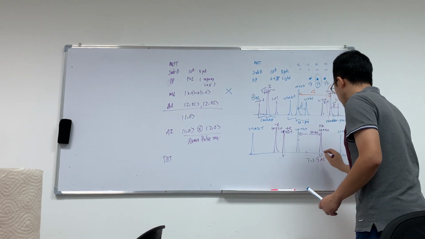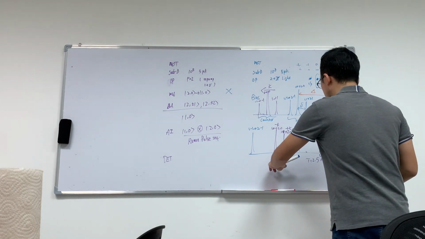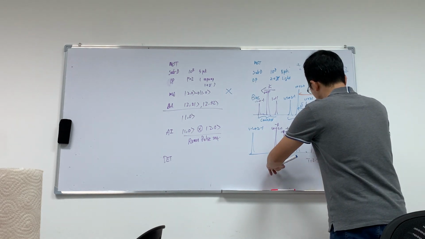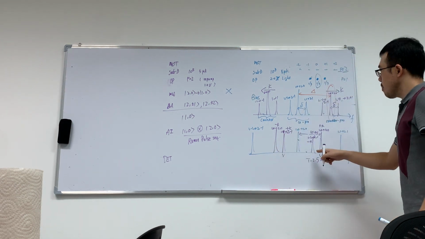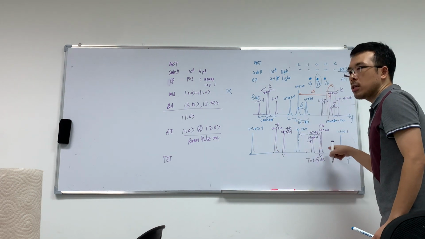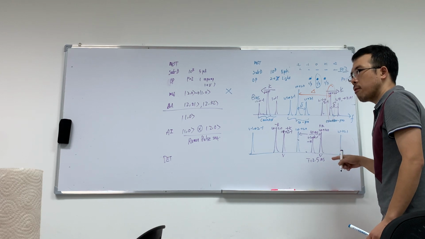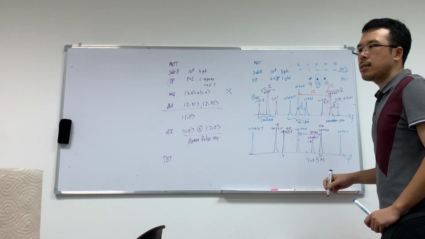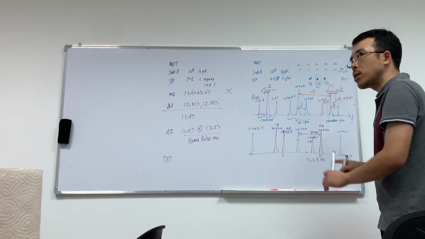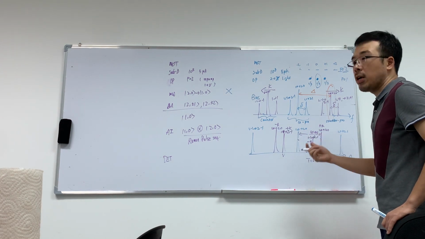And this guy's peak is somewhere here. This is 1,+1 to 2,+1 with minus k. But they won't touch each other, so you are safe. In this range, you can work nicely. They won't talk to each other. You won't have the peak overlap issue.